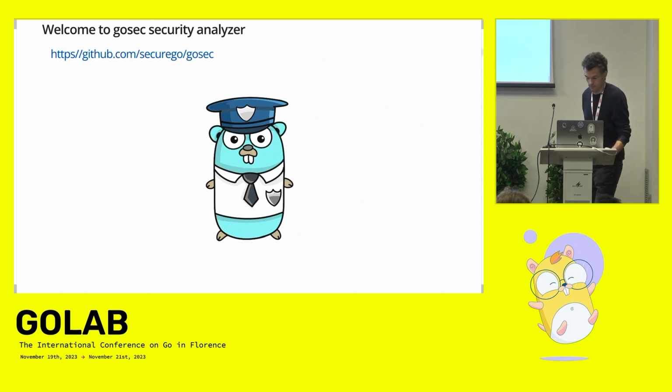So what are the options for Go? We have this open source Go security analyzer. I'm not sure if you are familiar or did you hear about it? Please raise your hand. Not many people know. I think it's used a lot underneath, used by these linter aggregators like GolangCI-Lint.